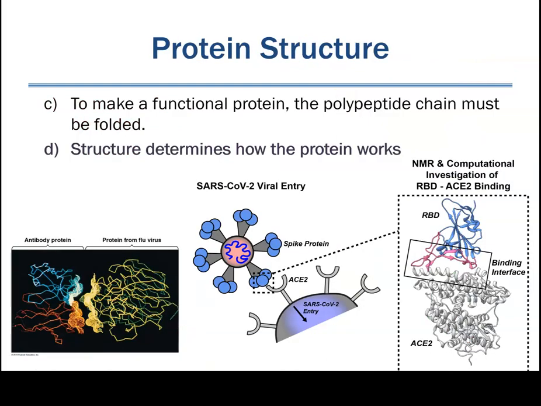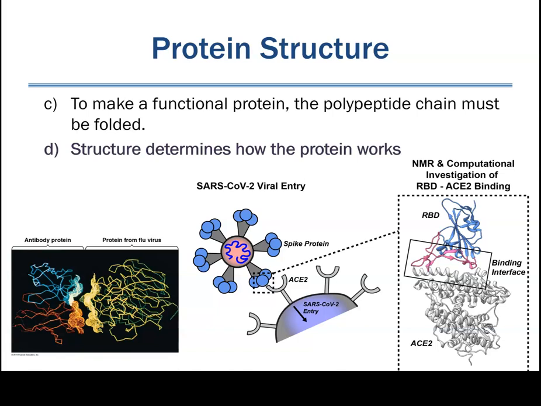So you guessed it, structure and function is really important for proteins as well. And the structure of a protein is going to be based upon the amino acid sequence. In order to get the final structure of our protein, in order to get our final function out of our protein, the polypeptide chain has to be folded.